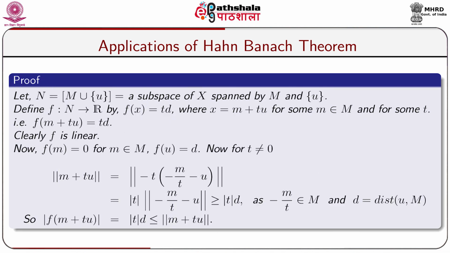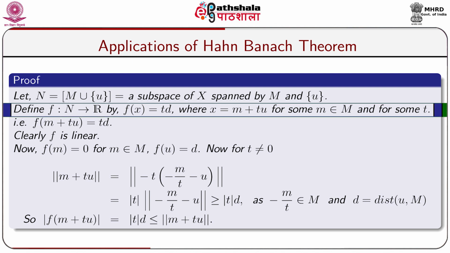Let capital N be equal to the span of M union singleton set U, that is the subspace generated by M and singleton set U. Define a function f from N to R by f(x) is equal to t into d.